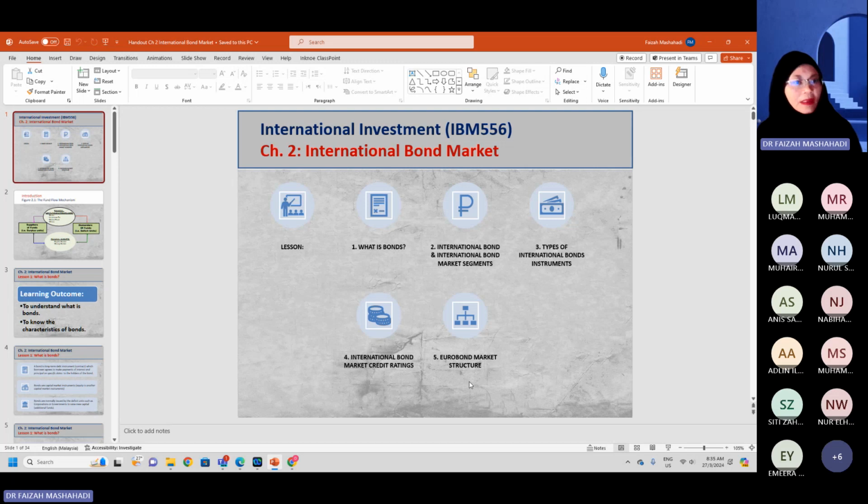Issued by a company located in one particular home country, and that bond or financial paper is to be sold in that particular market, the home country of the issuer or the deficit unit. So that one is the domestic bond.